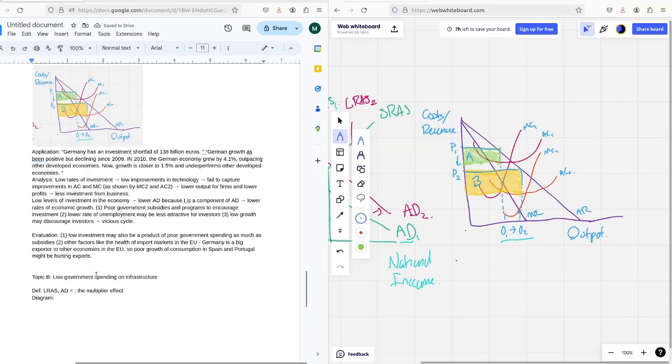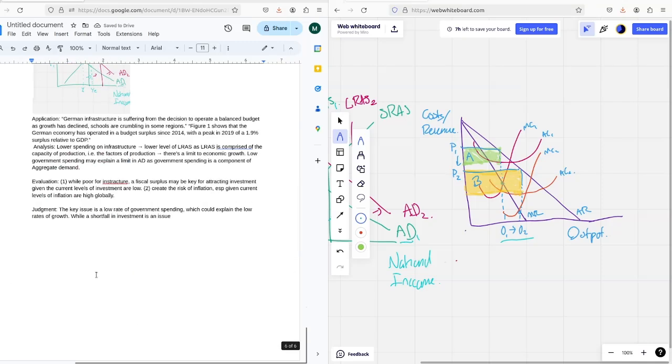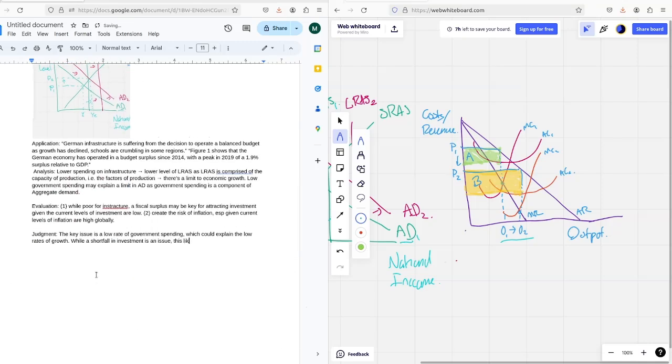While a shortfall in infrastructure and in investment is an issue, this likely has more to do with falling rates of consumption elsewhere. This means that Germany needs to boost its own domestic consumption with a more expansionary fiscal policy.